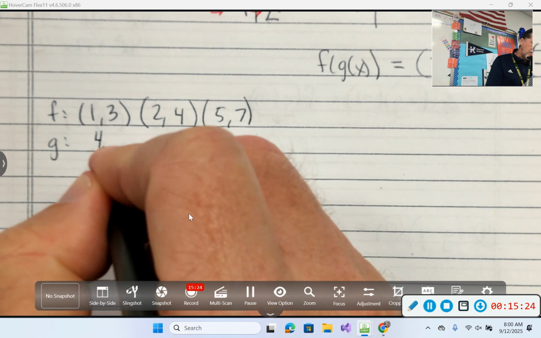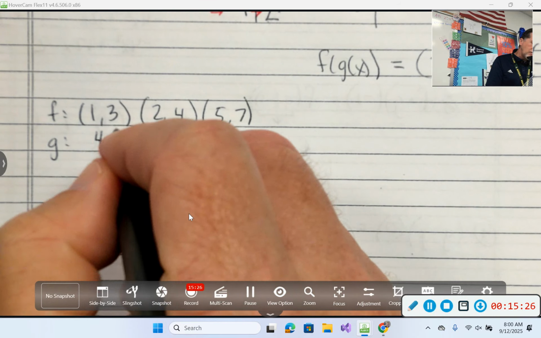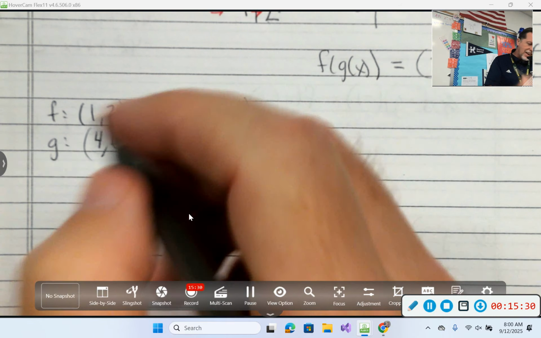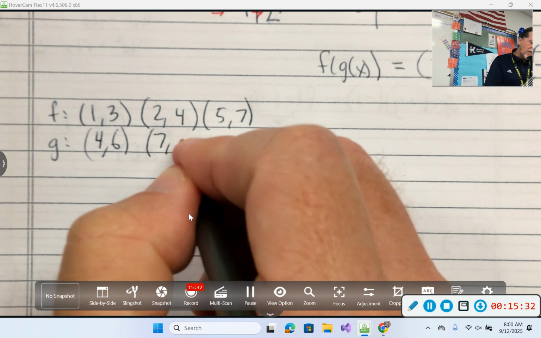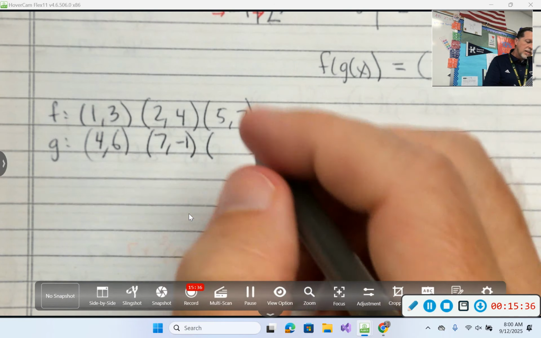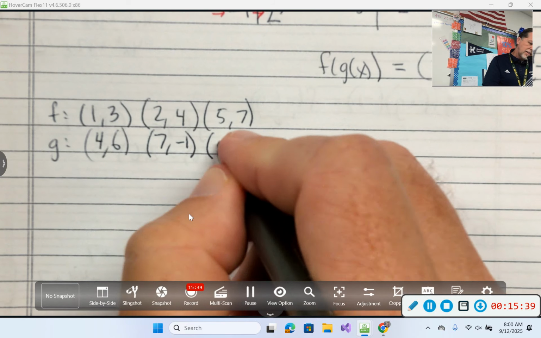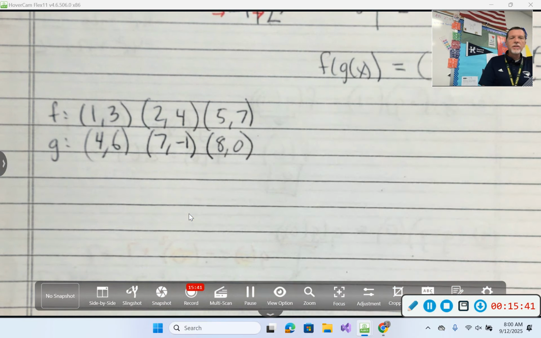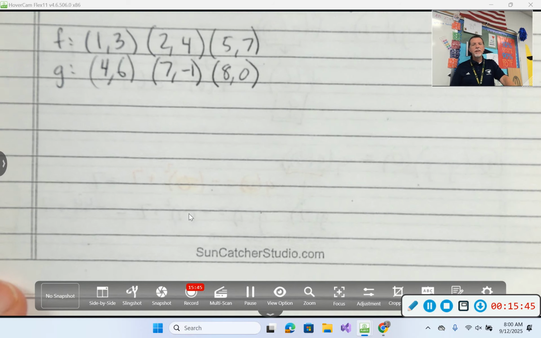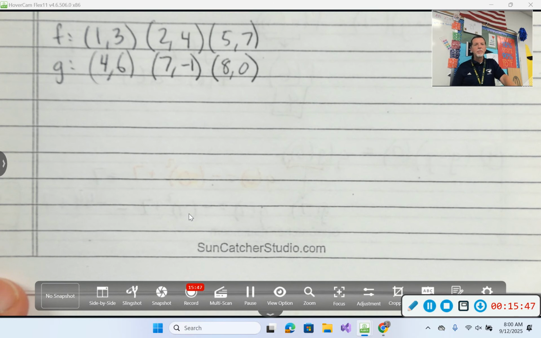And then let's do G being 4, 6, and 7, -1, and 8, 0. We'll find out in a minute if I've made up good numbers to make this problem work.